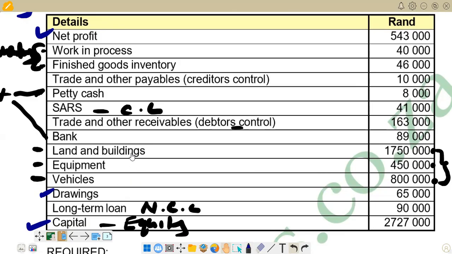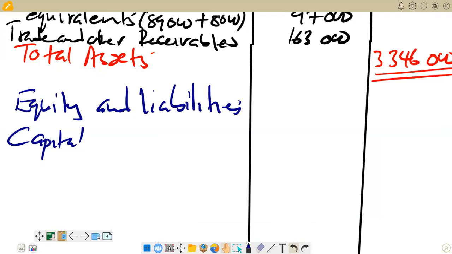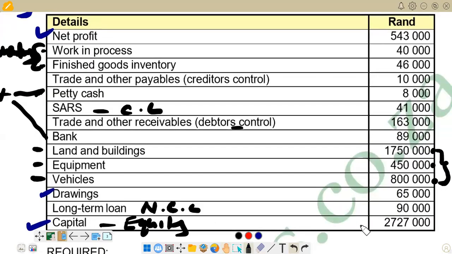So we come here now and, in brackets, show the calculation of how we arrived at capital. Let's check the figures that we have. For capital, opening capital is 2,727,000.